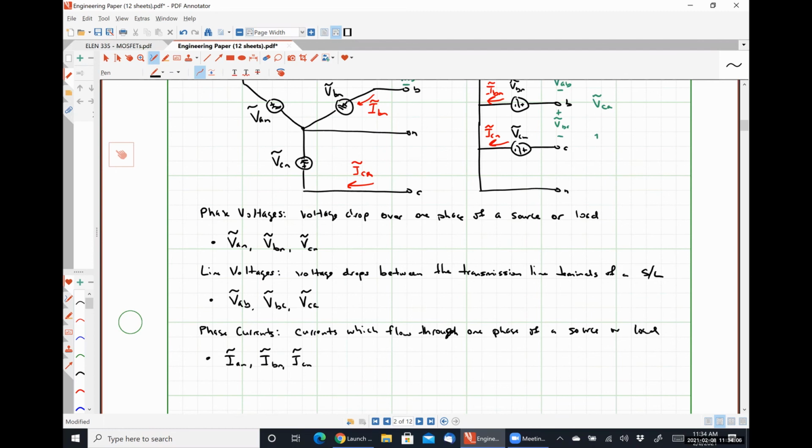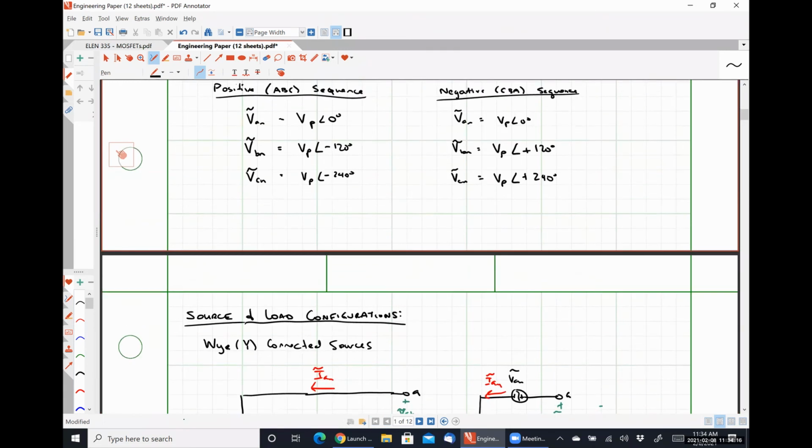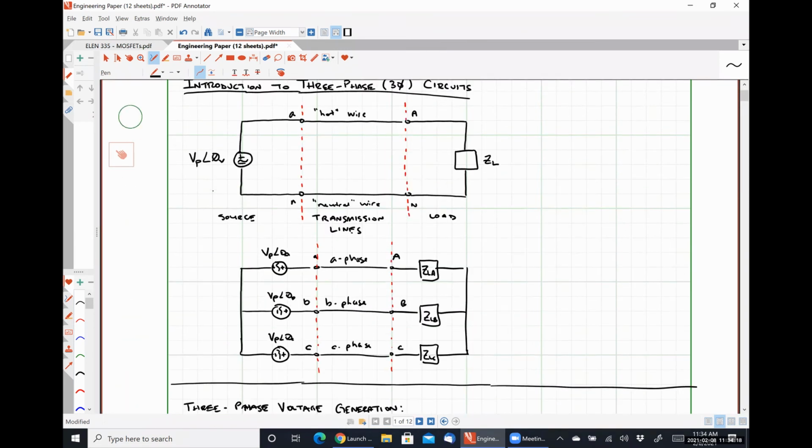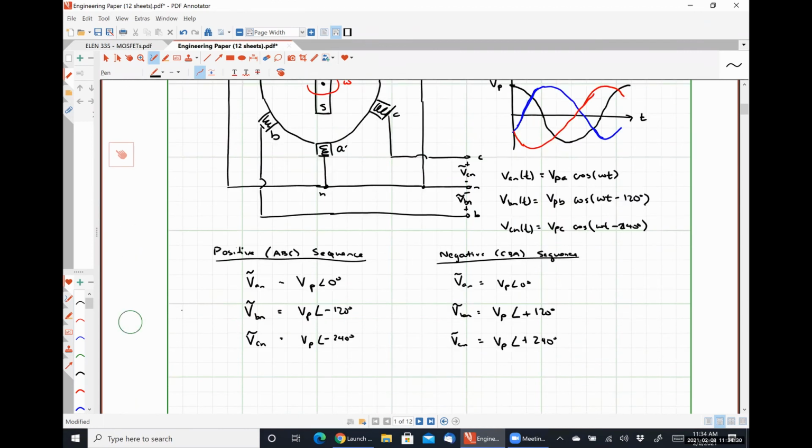The second subscript on the current represents where it's flowing.